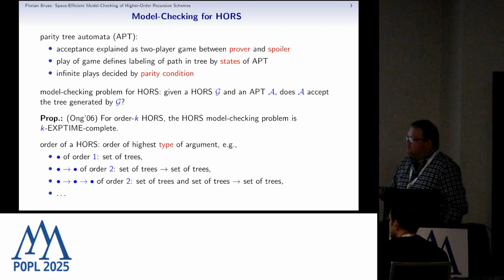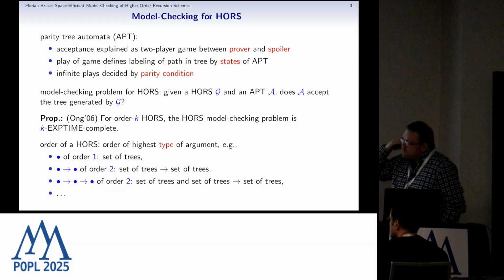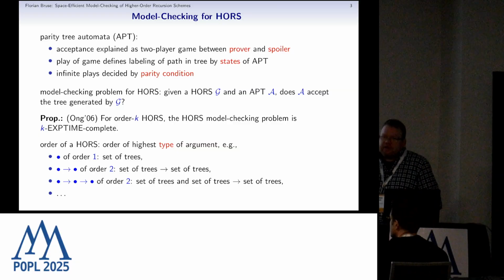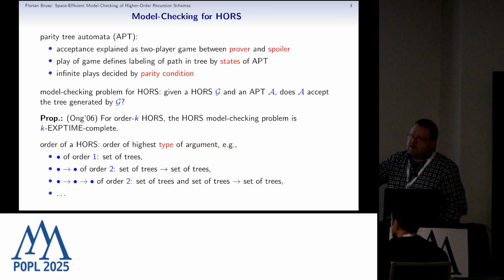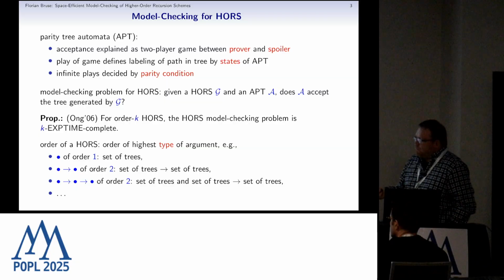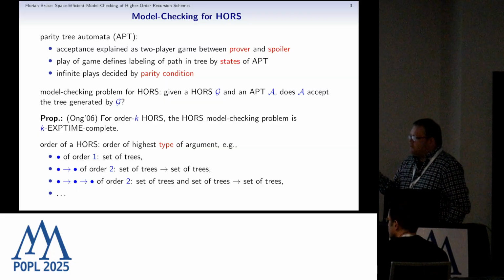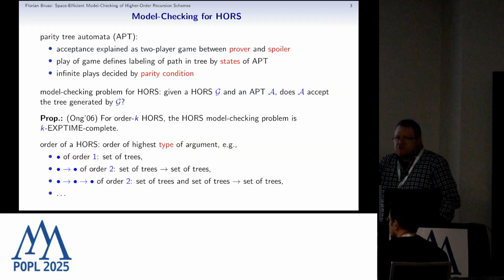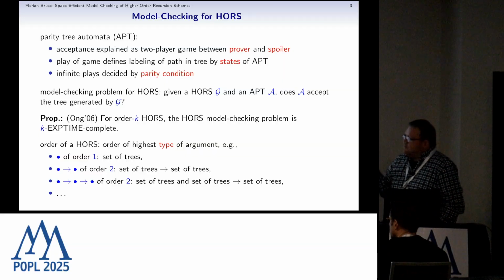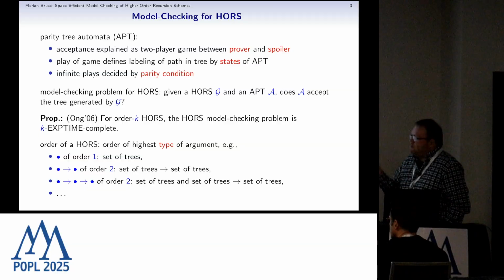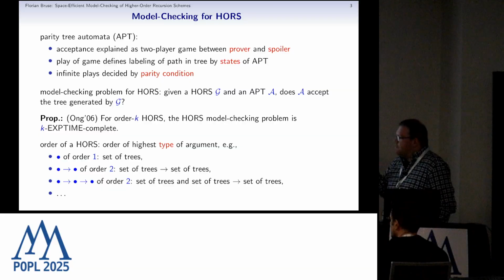Or you can have more complicated arguments. You can, for example, have functions that consume a tree and then generate a tree, and you can give this as an argument. Or you have a function that consumes two trees and generates a tree. And so that's still of order 2, but of course you can go arbitrarily high. And of course, the price you pay for this is in the complexity of this problem.